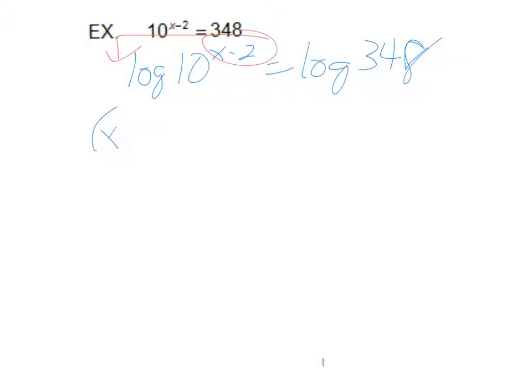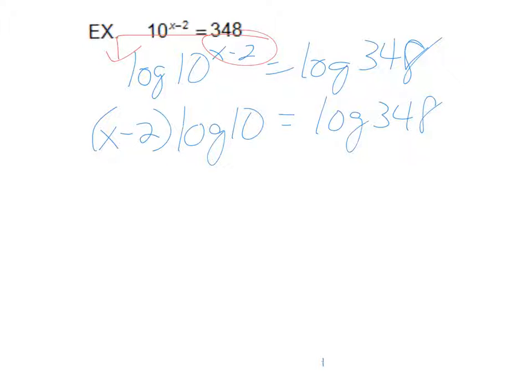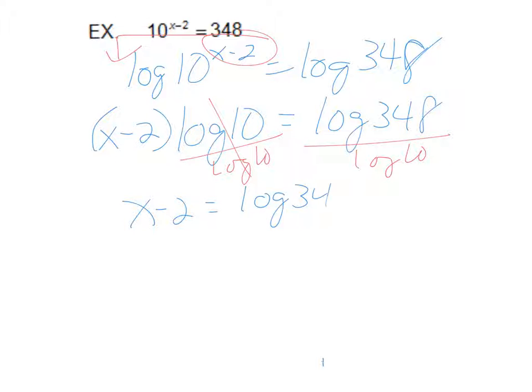It's technically not correct if you don't. x minus 2 times log 10 equals log of 348. Now we're trying to get the x by itself. Let's divide both sides by log 10. And we have x minus 2 equals log of 348 divided by log 10, and then finally add 2 to both sides.